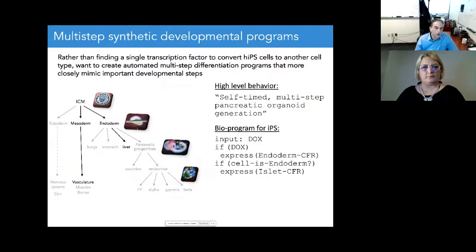So that brings me to this next point, which is we're able to create this vascularized liver organoid. But as you remember, we initially set out to create pancreatic beta cells.